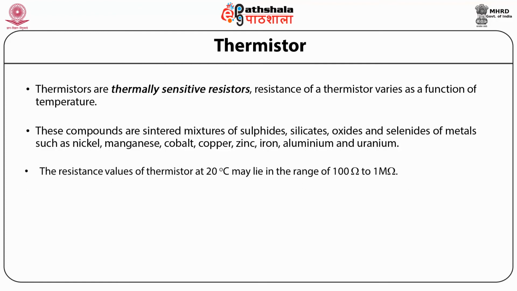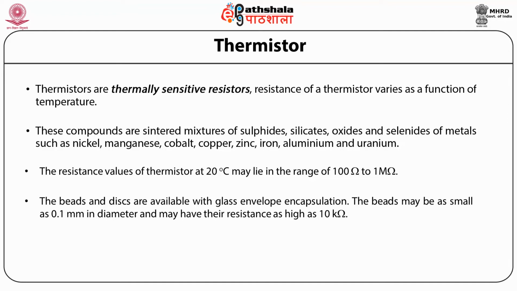The resistance values of thermistor at 20 degrees centigrade may lie in the range of 100 ohms to 1 megaohm. The elements are in the form of beads, rods, and discs of various sizes. The beads and discs are available with glass envelope encapsulation. The bead may be as small as 0.1 millimeter in diameter and may have resistance as high as 10 kilo ohms.